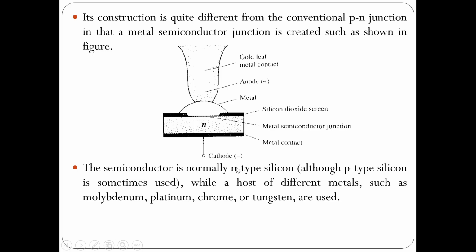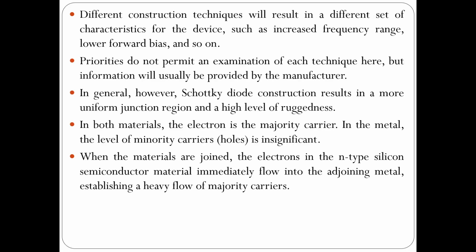The semiconductor is normally n-type silicon, although p-type silicon is sometimes used. While a host of different metals such as platinum, chrome or tungsten are used in these devices.